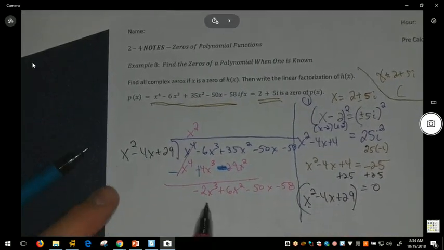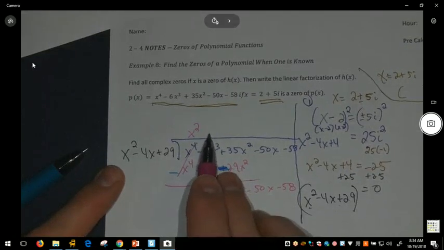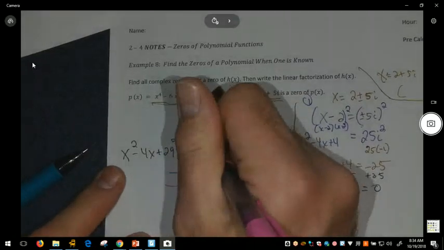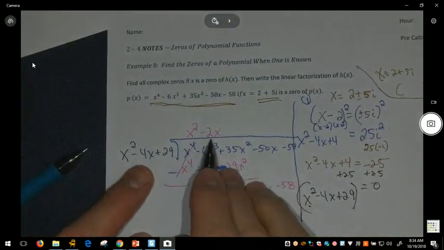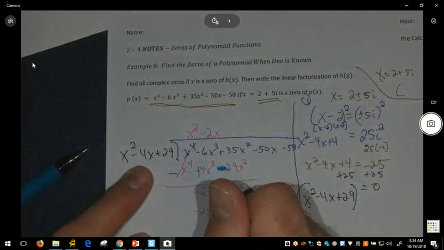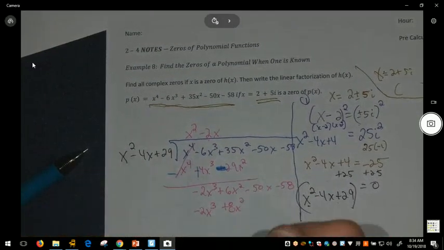To multiply to negative 2x cubed, I have to multiply this by negative 2x, giving me negative 2x cubed plus 8x squared minus 58x.